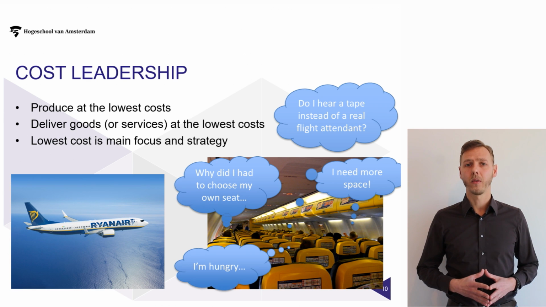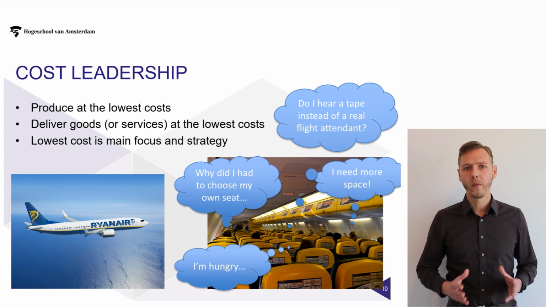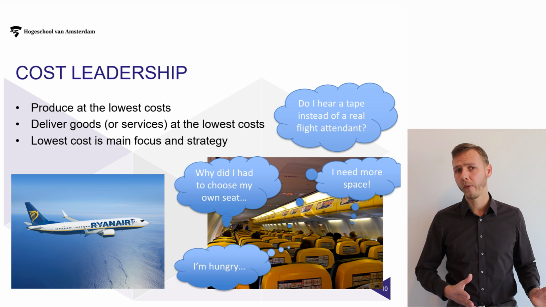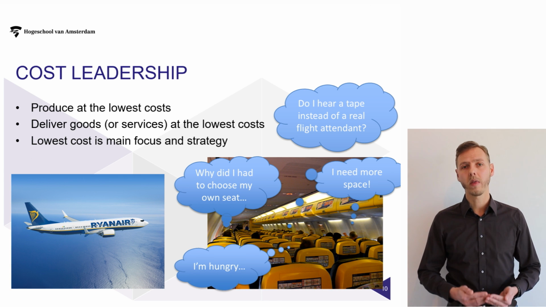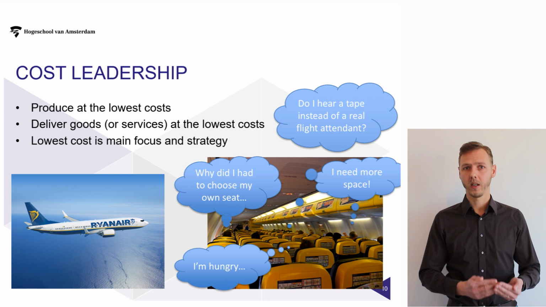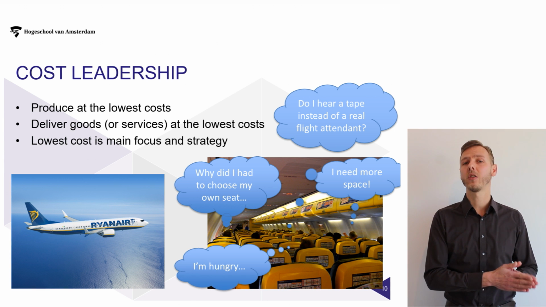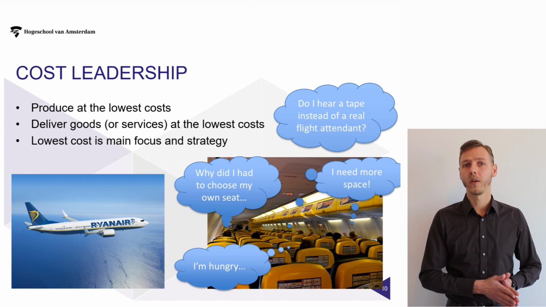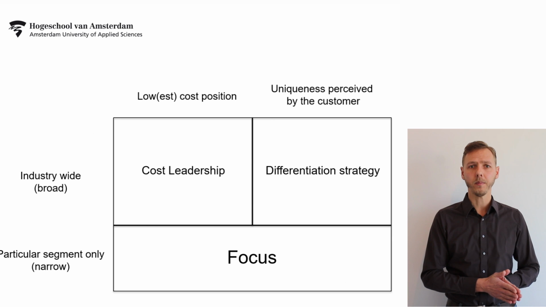Like Ryanair really has the cost leadership strategy. No extra services, no food on board. Yes, maybe you have food on board, but you have to pay for it. One thing is for sure, the price is the lowest. If you really excel in this strategy, then this can be a really sustainable competitive advantage.